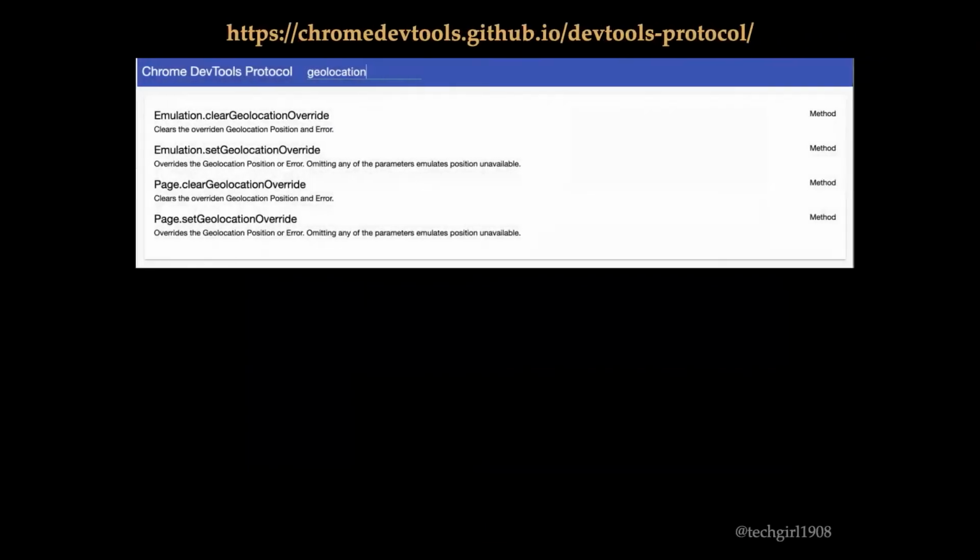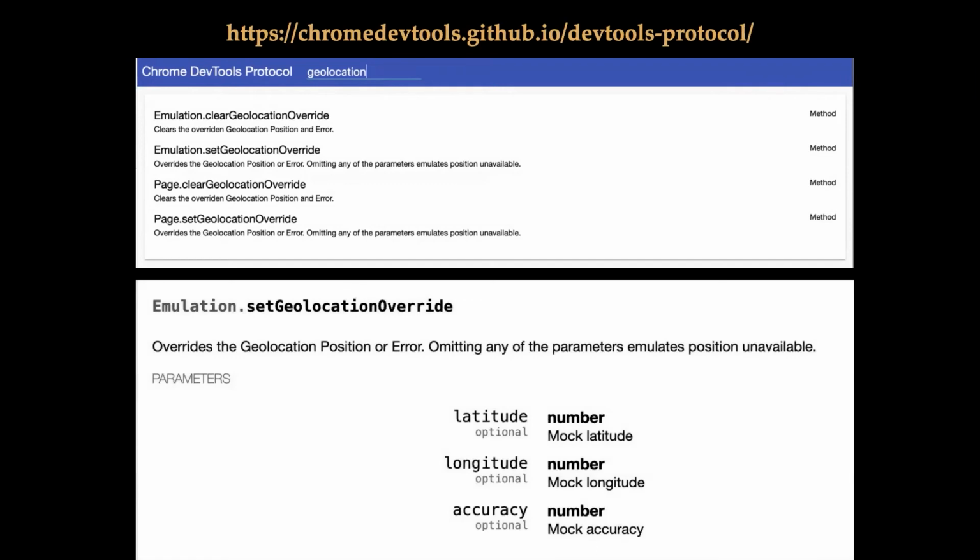Well, to get the available commands and their options, you can consult the Chrome DevTools Protocol website. I put the link right here for you, okay? When you go there, search for what it is you're trying to do. I knew I wanted something about geolocation, so I searched for geolocation. When I did, I saw that there were some methods, most notably a setGeolocationOverride method.